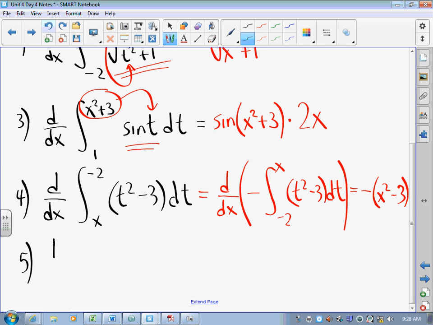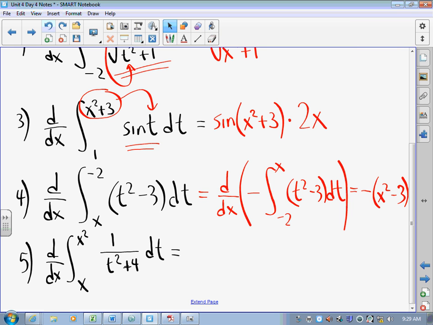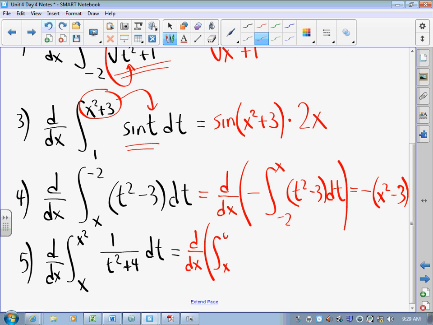One more. What if there's x's on the bottom and the top? How do we handle that? Because the fundamental theorem only works from a number to a variable. So I have to break this up, and in fact, I'm going to break this up into the integral from x to 0, you could pick any number you wanted, and then from 0 to x squared. Why does that work?